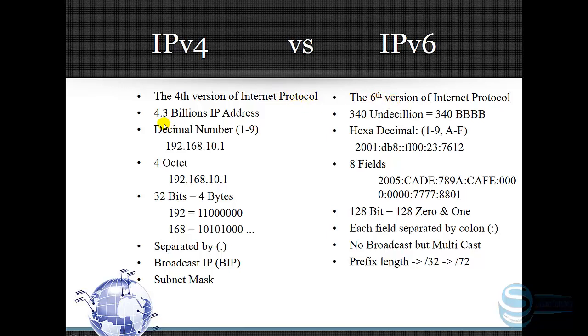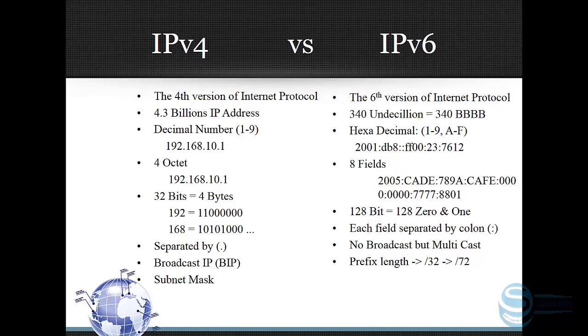The amount of valid IP addresses that we can get from IP version 4 is 4.3 billion, and the amount of IP addresses we can get from IP version 6 overall will be 340 undecillion, which is a huge number of IP addresses.